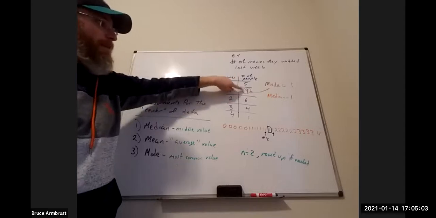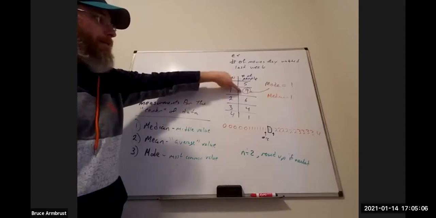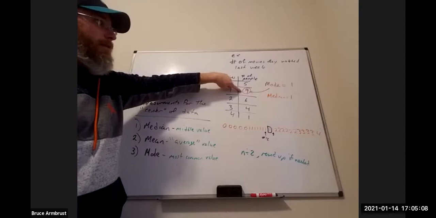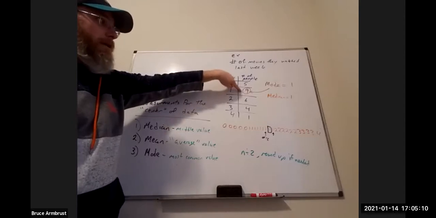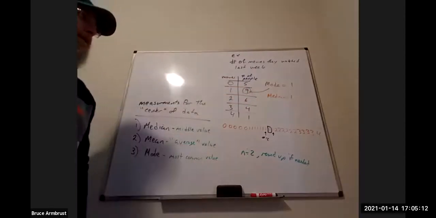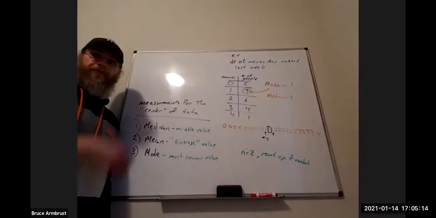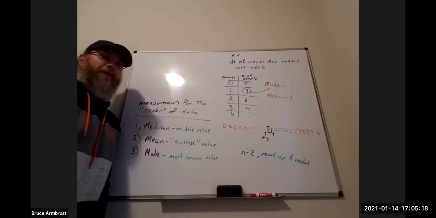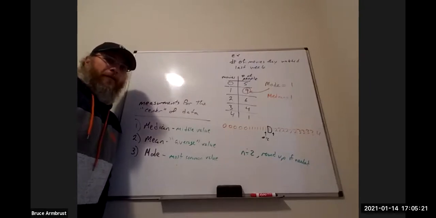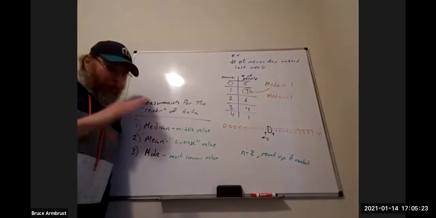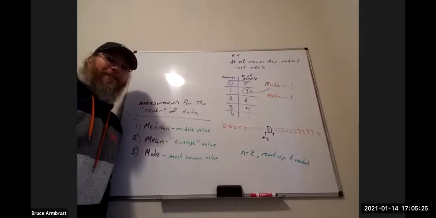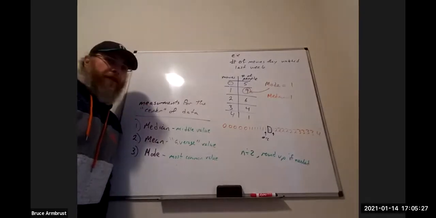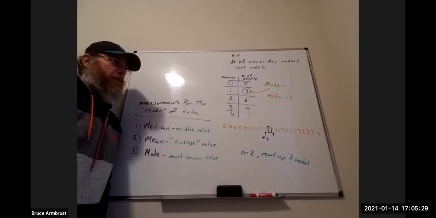So just by looking at this, I was able to figure out that my middle number, the 13th one, is somewhere in the ones. So that's why my median is 1. Now, it turns out in this case, the median and the mode are the same. Coincidence. It's not usually the case that that happens. But in this data set, yeah, all right, median and mode are the same.